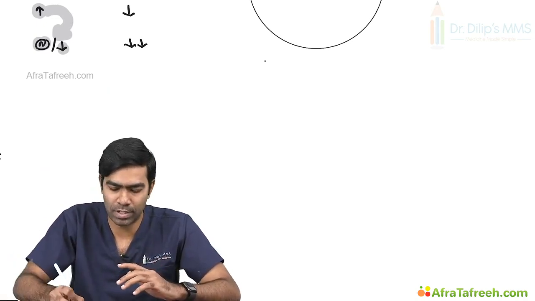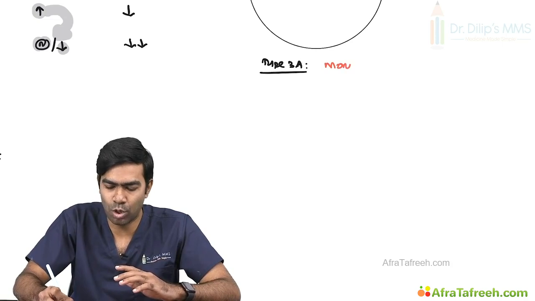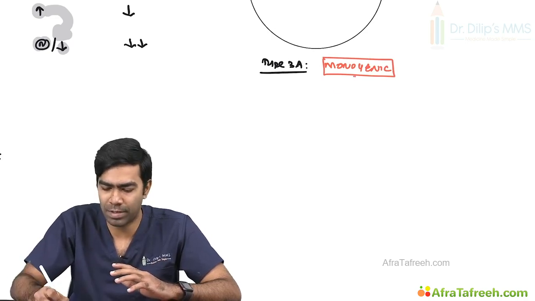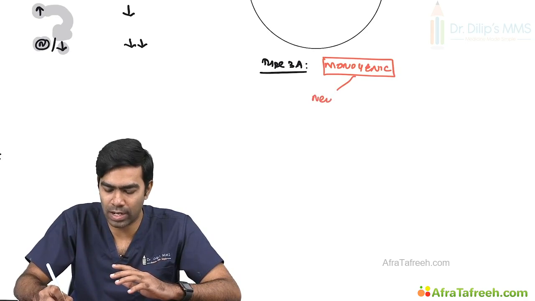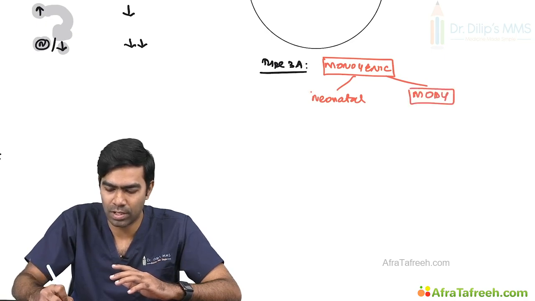The first group of patients will be coming under type 3A diabetes, and these are monogenic forms of diabetes, which means they will be due to single gene mutations. And monogenic forms of diabetes can be either a neonatal diabetes, which we'll be discussing subsequently, or a maturity onset diabetes in the young, otherwise referred to as MODY.